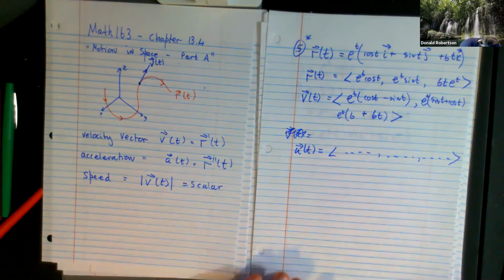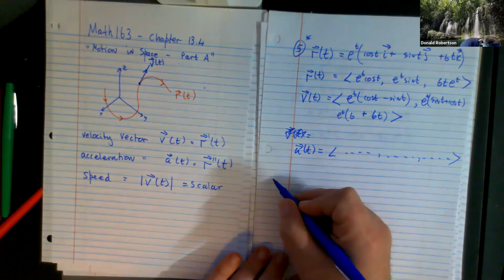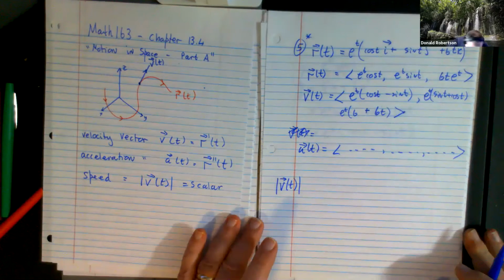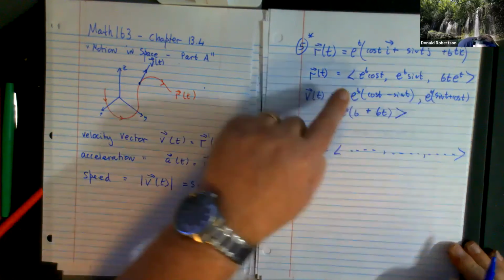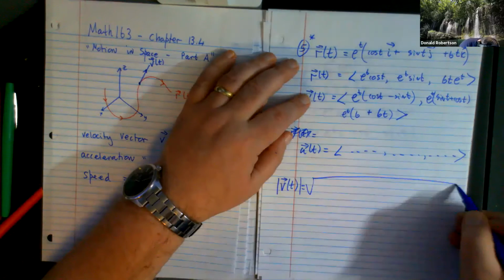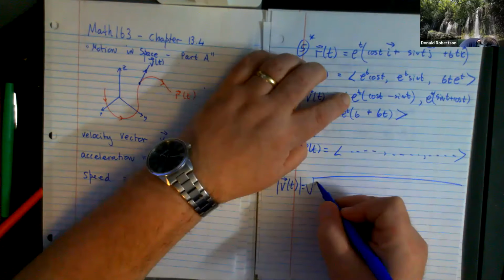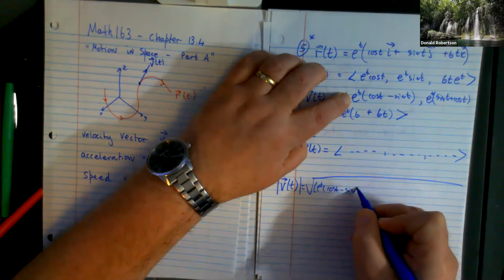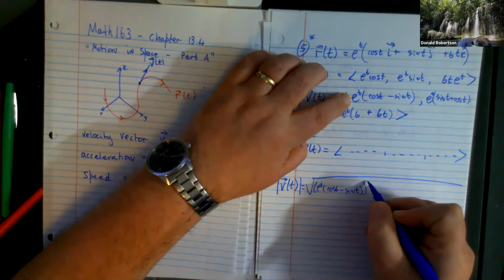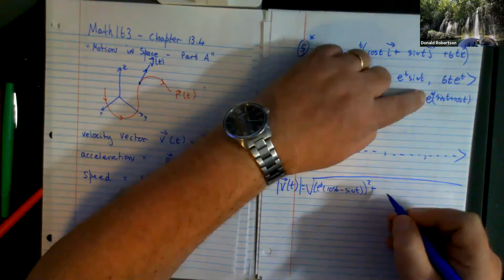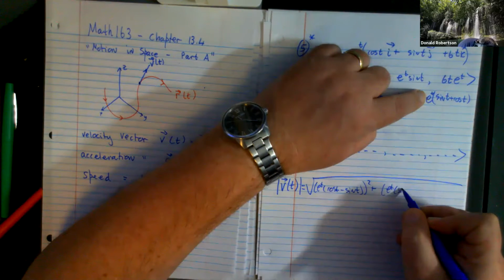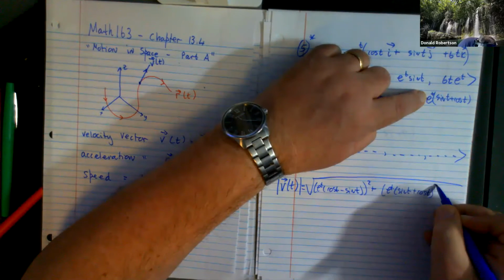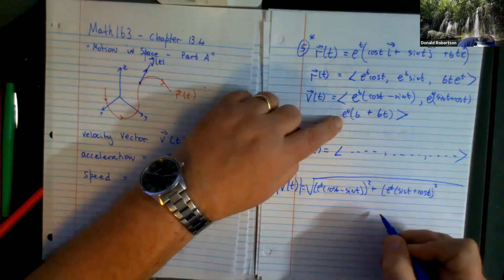Now, what I will try and do, because it's quite messy, is let's find the speed. So it's going to be the square root of this guy squared, plus this guy squared, plus this guy squared.